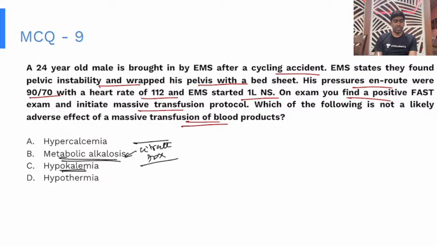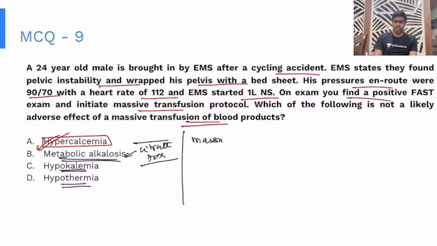And hypothermia is also a problem of massive transfusion because of cold blood products. But what you don't really get is hypercalcemia. Hypercalcemia is something that you don't really expect in patients with massive transfusion. Why? Because of citrate toxicity and metabolic alkalosis, all you're going to expect is actually hypocalcemia and not really hypercalcemia.